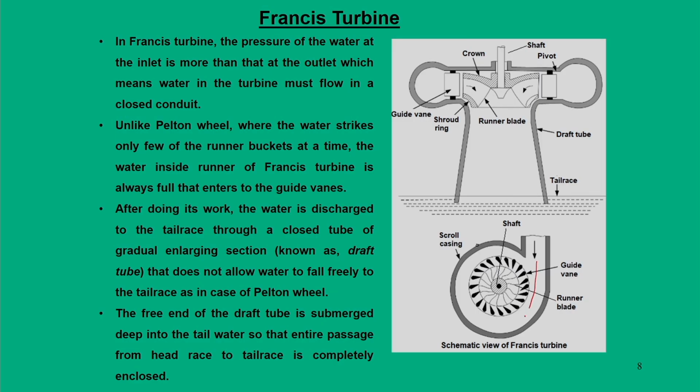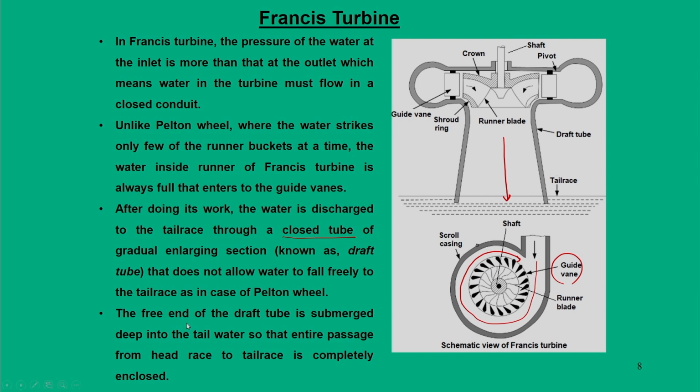But in a Francis turbine, all the guide vanes of this runner are exposed to the complete slug of water, and we say that it is a pressure regulated device, and the entire thing happens in a closed tube before it is discharged to the tail race. So, this is the basic difference between the Pelton wheel and the Francis turbine.